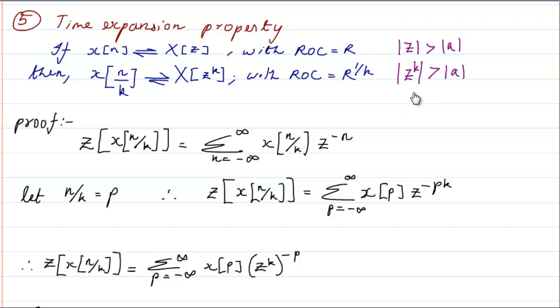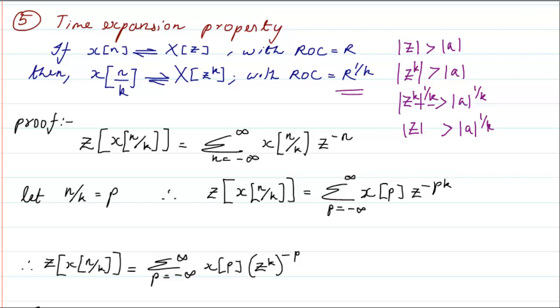If I raise both sides to the power 1 by k, then I will get z raised to power k the whole raised to power 1 by k is greater than a magnitude raised to power 1 by k, where k and 1 by k will basically cancel off, and you will get magnitude of z is greater than a raised to power 1 by k, and that is what is represented by this, that the ROC is getting r raised to power 1 by k.